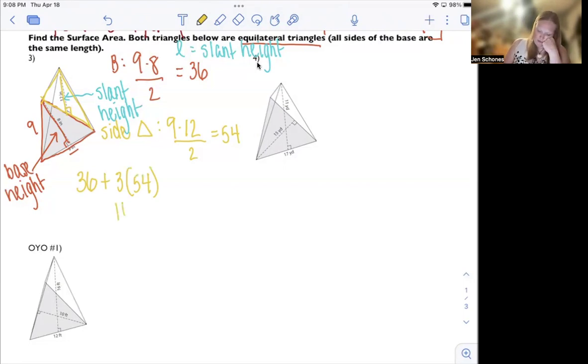So 162 plus 36 for a grand total of a surface area of 198 inches squared.